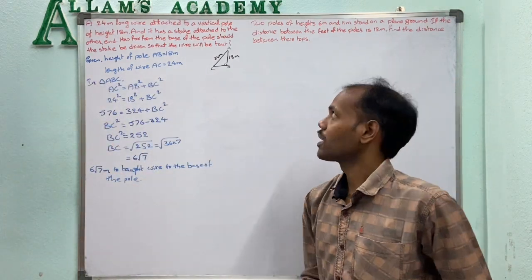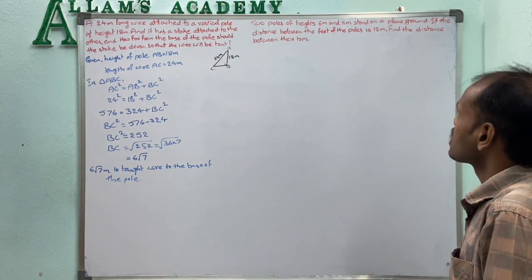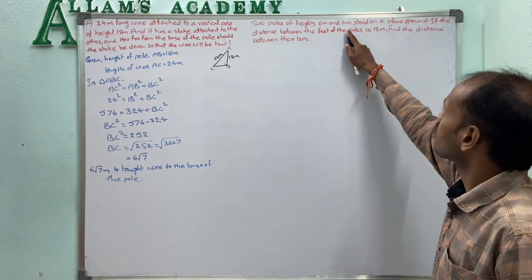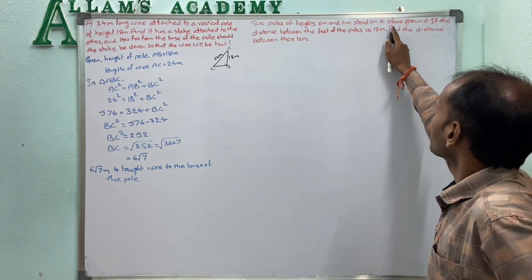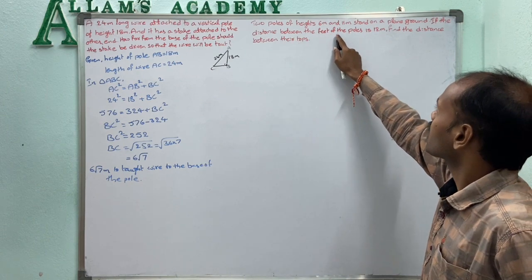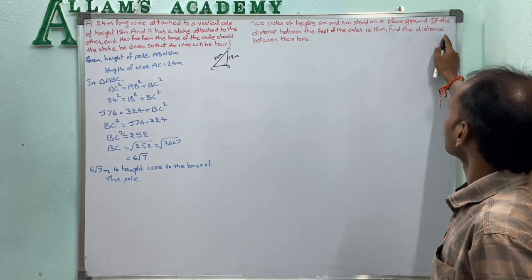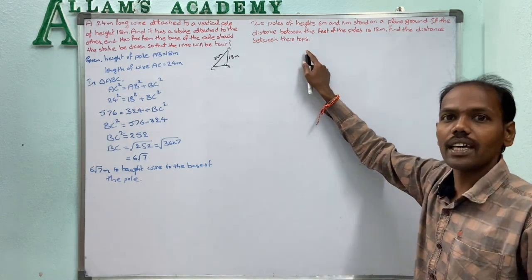The next problem given: two poles of height 6 meters and 11 meters stand on plain ground. If the distance between the feet of the poles is 12 meters, find the distance between their tops.